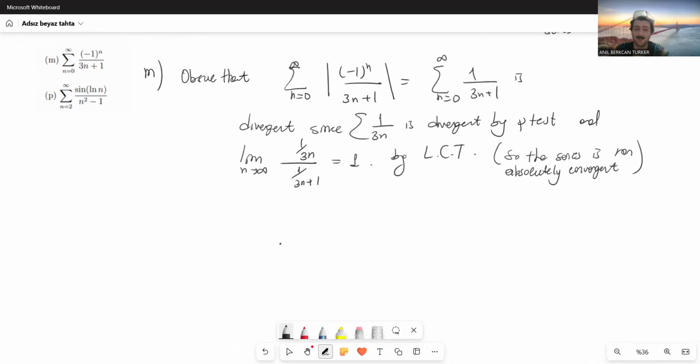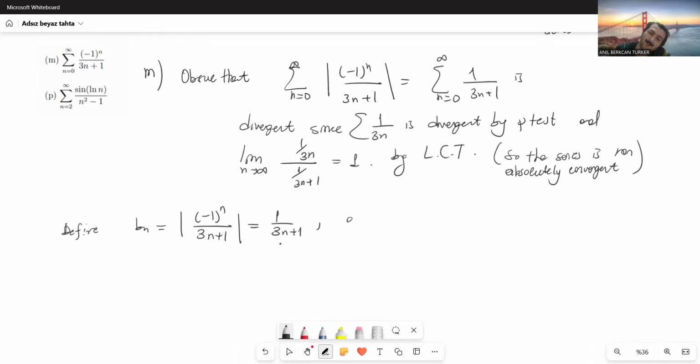But there might be some hope still. So let's analyze. Define b_n to be the absolute value of the general term, which is just 1 over 3n plus 1.